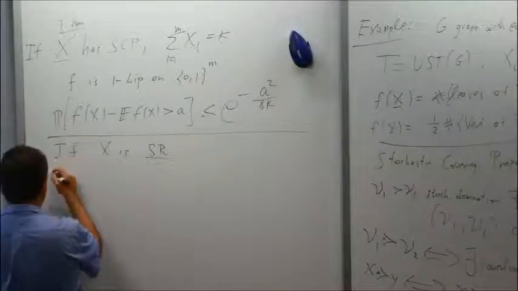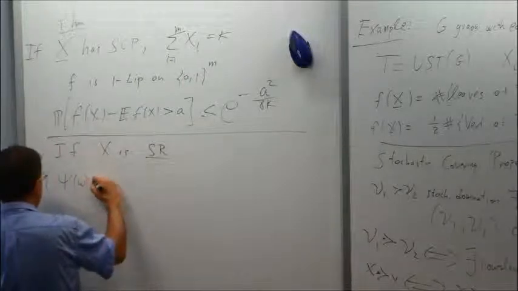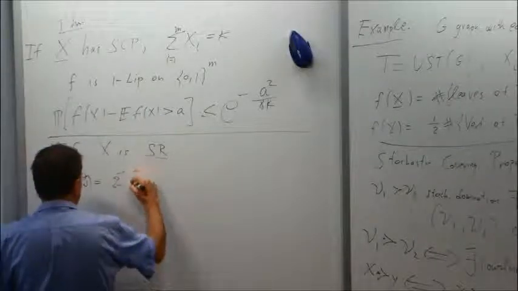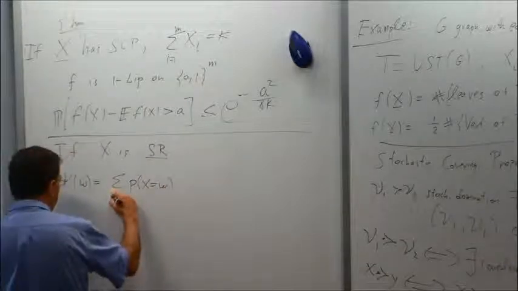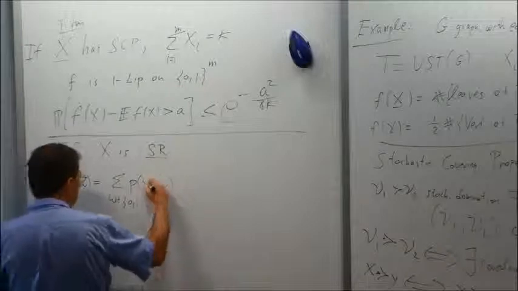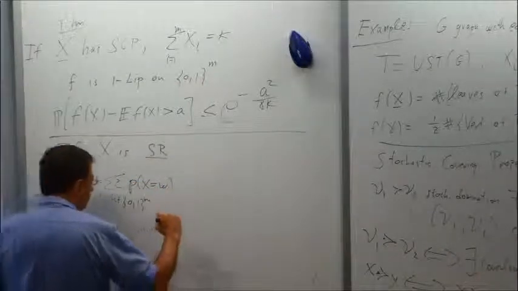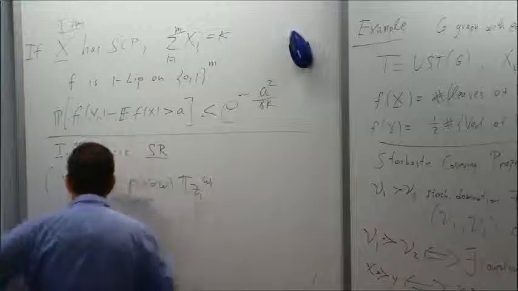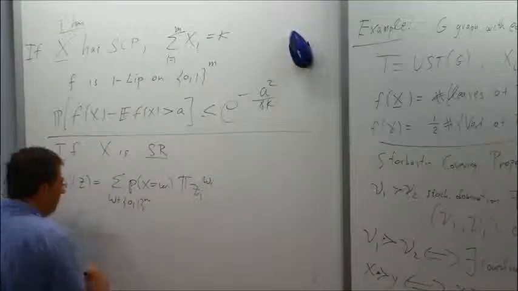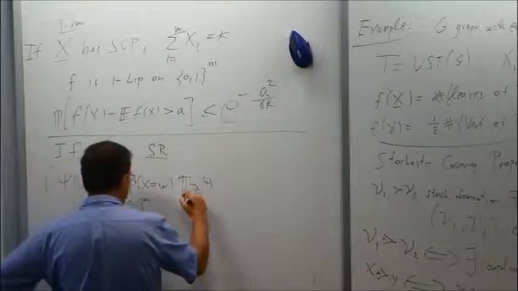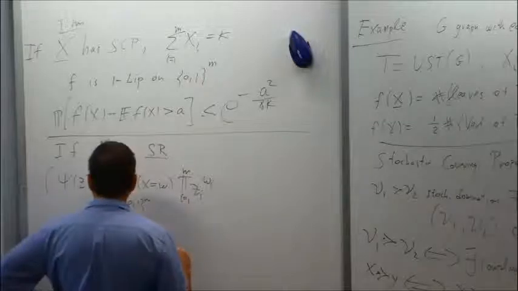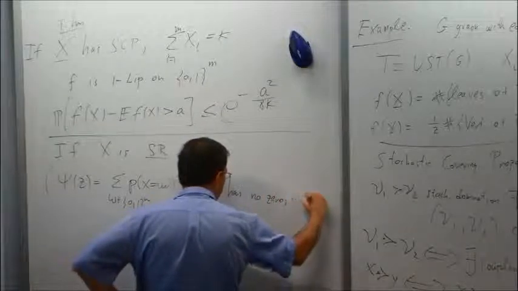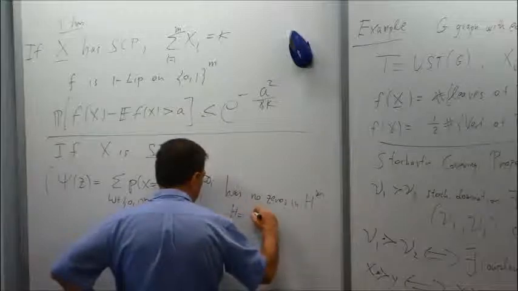Strong Rayleigh means that if you look at the generating function, psi of z, which is the sum over all vectors omega in {0,1}^m of the probability that X equals omega, times z to the omega, so the product of z_i to the omega_i, where z is a vector of complex numbers z_i, i from 1 to m, then this has no zeros in H^m, where H is the upper half plane.